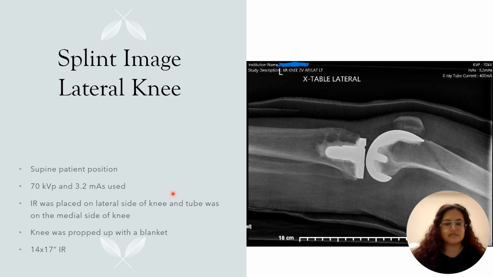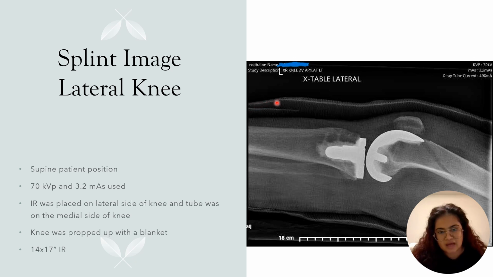And the IR was, again, because it was cross table, placed on the lateral side of the knee, the tube was placed on the medial side of the knee, and then just perpendicularly shot through. The knee was again propped with a blanket, as well as you can prop with a splint. So we had to kind of prop the whole splint up with the blanket. 14 by 17 IR.